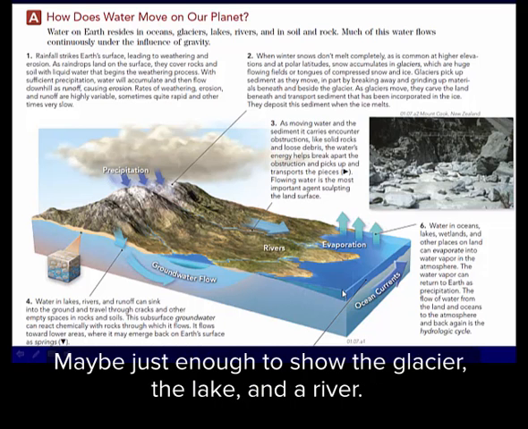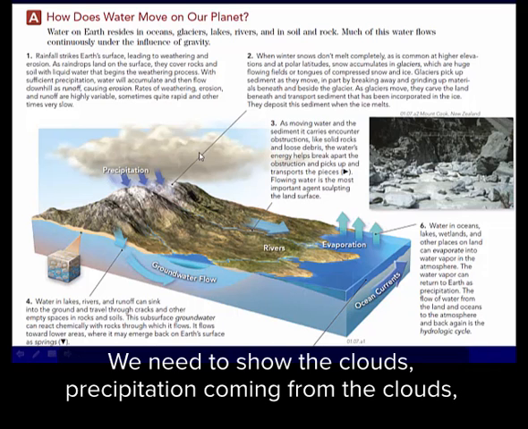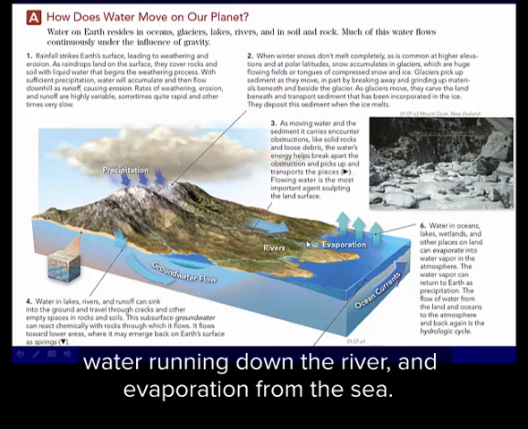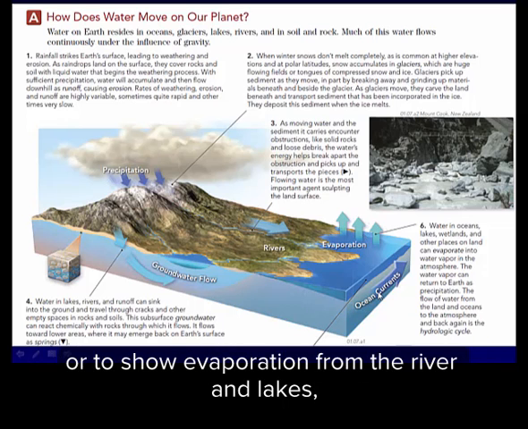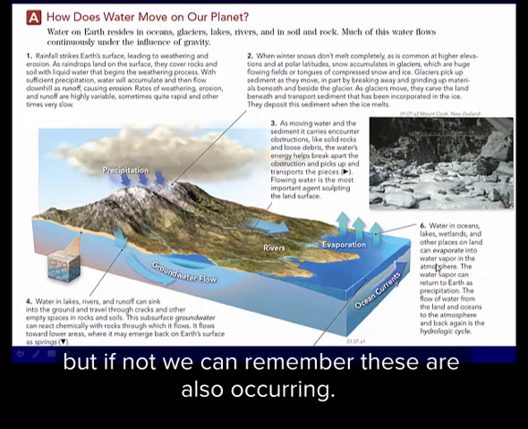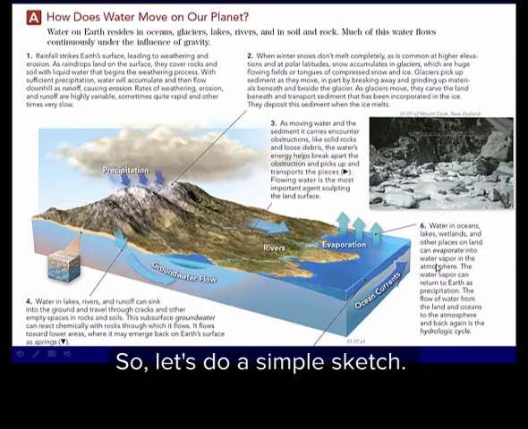Maybe just enough to show the glacier, a lake, and a river. We need to show the clouds, precipitation coming from the clouds, water running down the river, and evaporation from the sea. We can decide if we have room to show the ocean currents or to show evaporation from the river and lakes, but if not, we can remember these are also occurring. So let's do a simple sketch.